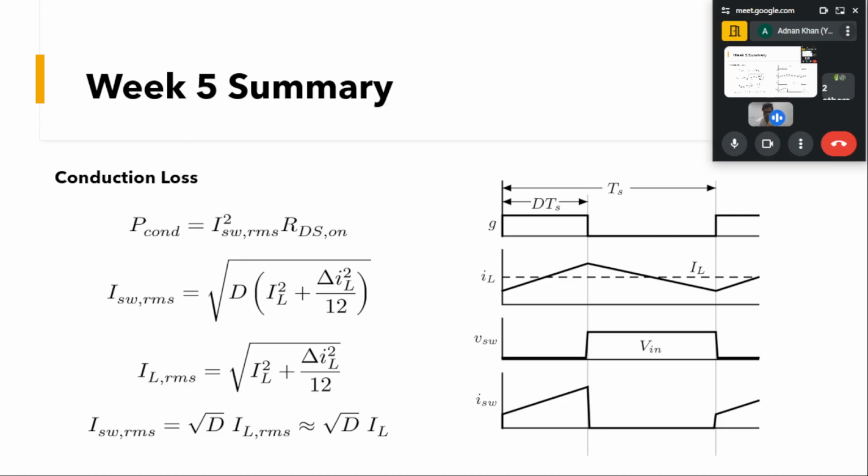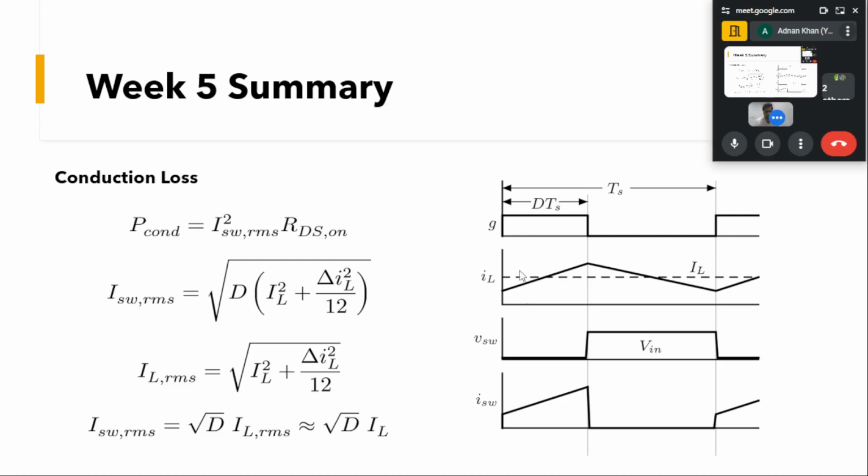What we can deduce from equations 2 and 3 is that I switching RMS will be equal to root of D, where D is the duty ratio, the amount of time our device turns on in a switching interval, times the IL RMS current.